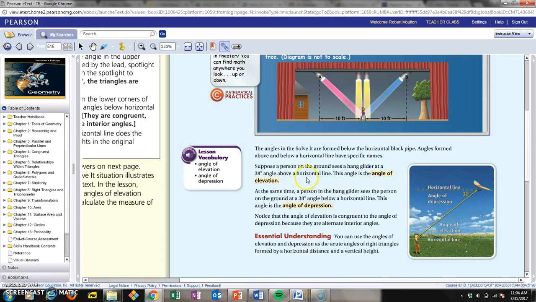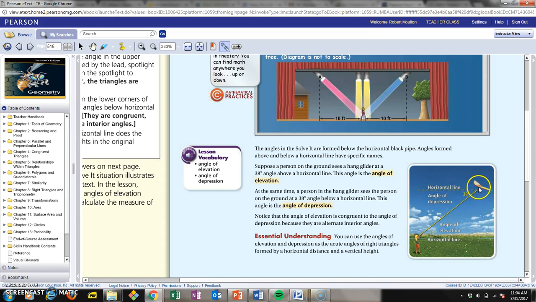So what are these angles we're talking about? Well, an angle of elevation: if something's getting elevated, it's going to get higher. So we're looking at the person right here, and their eyesight is horizontal, and then there's a certain angle formed looking up to the object. That is your angle of elevation.